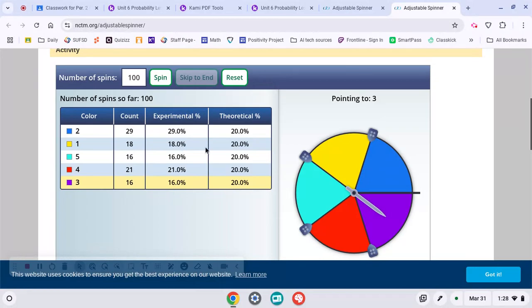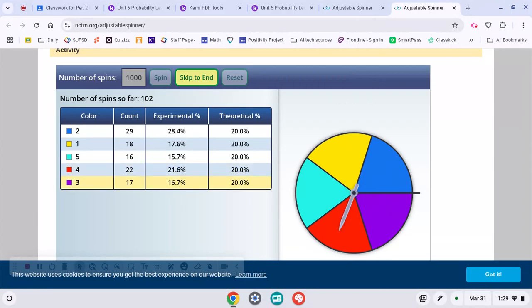So we were pretty close on the number 1, closer on the number 4. What do you suppose would happen, kiddos, if I bumped this up? And let's see if the simulator will let me spin this 1,000 times. We should get even closer with our values. Experimental, meaning relative frequency, getting closer and closer to that theoretical.